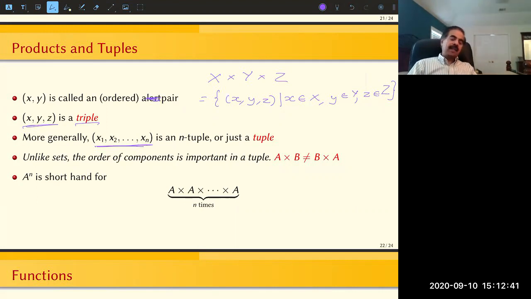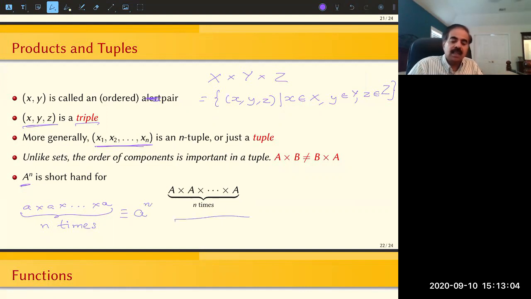Okay, and just as in the case of integers, a times a times a, if you do this multiplication n times, then we refer to that as a to the power n, and we are going to do the same thing with Cartesian product.